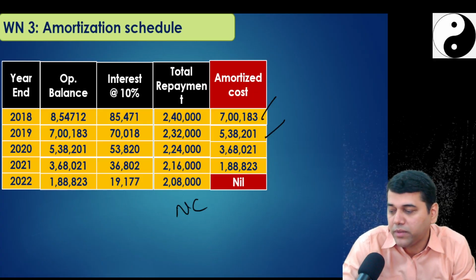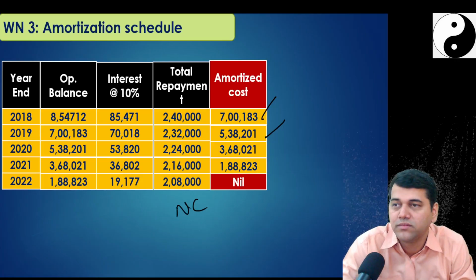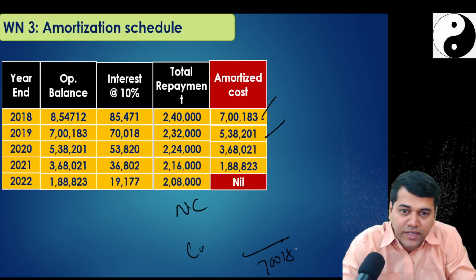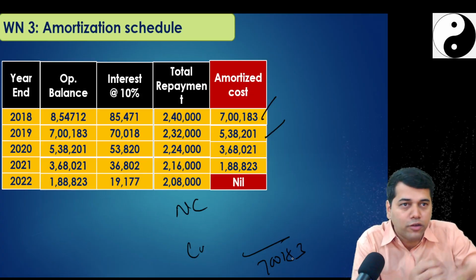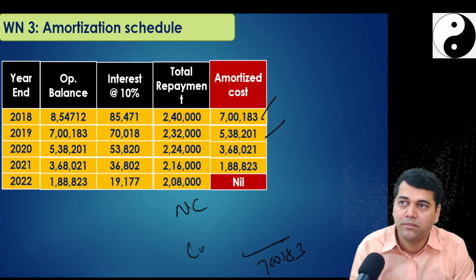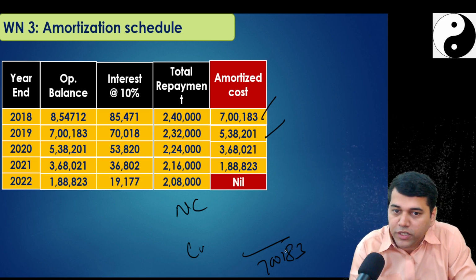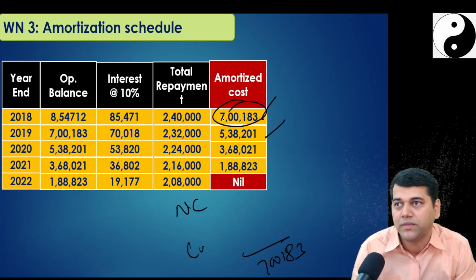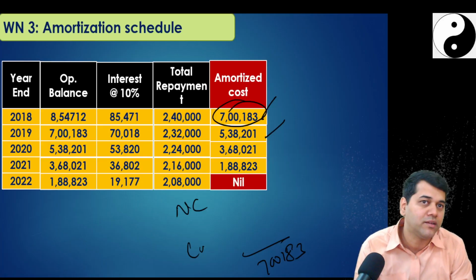Can you tell me what is my non-current portion and what is my current portion? See, total should come to 700,183, because you cannot show more than 700,183 in your balance sheet. Simple. 700,183 should be the total of both, because it cannot be other than this number. In your closing balance sheet, this number should be there. Correct?